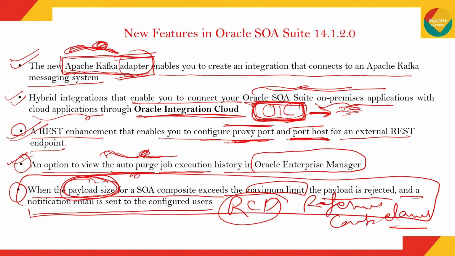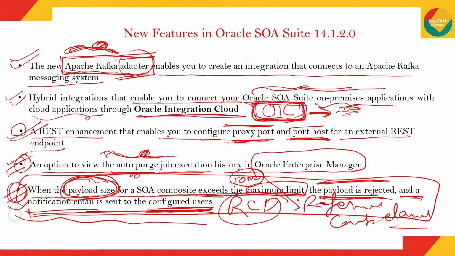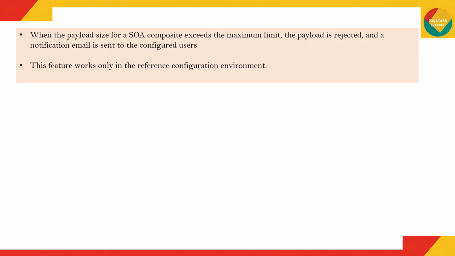So if that payload size exceeds the maximum limit, okay, the maximum limit is 10 MB, and this is specifically for the reference configuration domain. So if it exceeds the maximum limit, okay, this payload will be rejected, and after rejection, a mail notification, after configuration, will be sent to the configured user as well, saying that this particular payload has been rejected due to its large size. Now this is another major enhancement, okay, and let me explain this in detail along with that reference configuration domain.